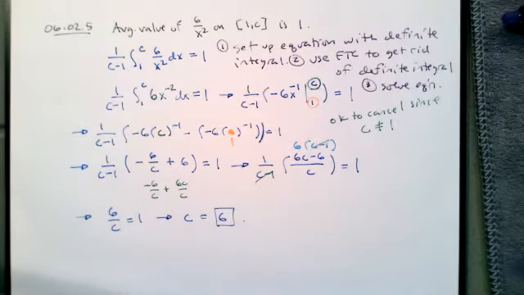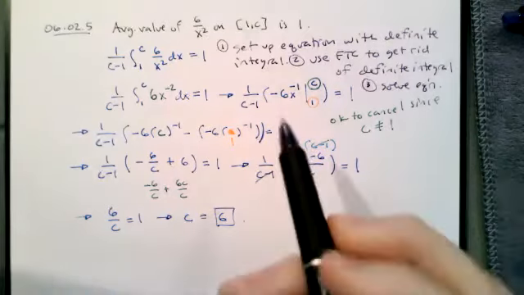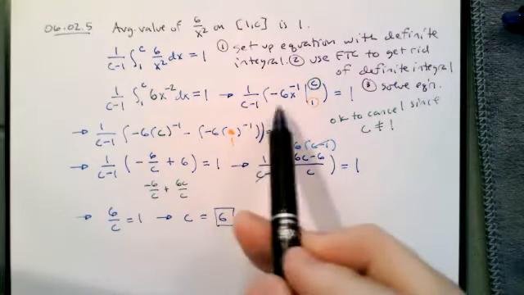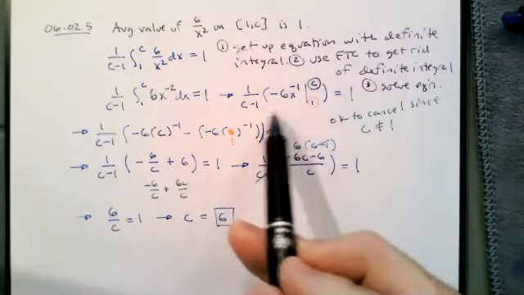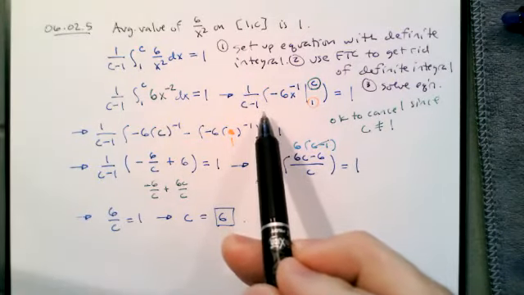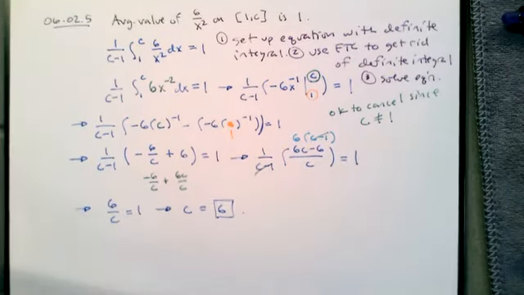Professor, is the fundamental theorem of calculus the 1 over c minus 1 times negative 6x to the negative first power evaluated from 1 to c? Yeah, this is the step where we use the fundamental theorem of calculus. 1 over c minus 1 is not part of the fundamental theorem of calculus, but the evaluation is.